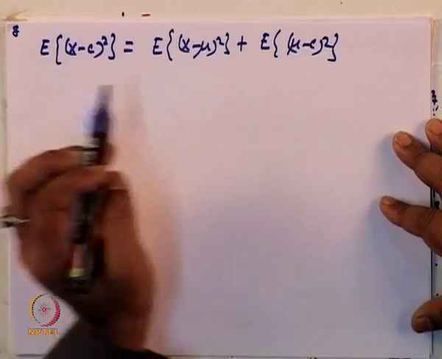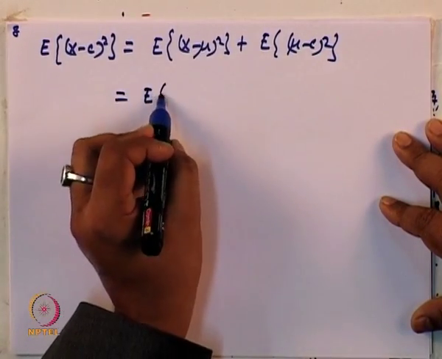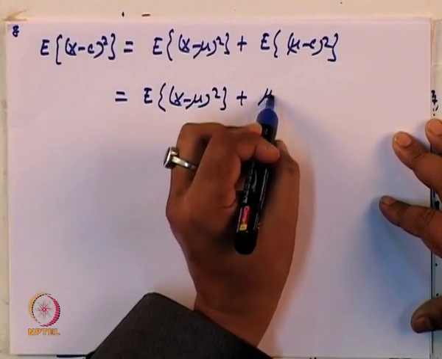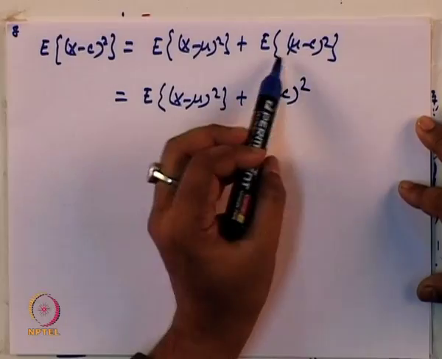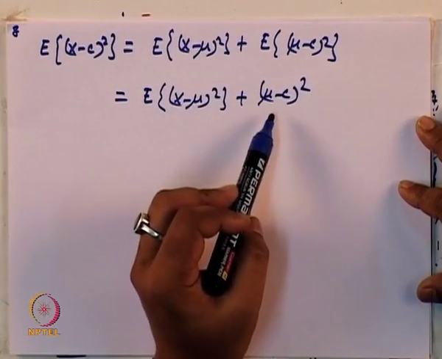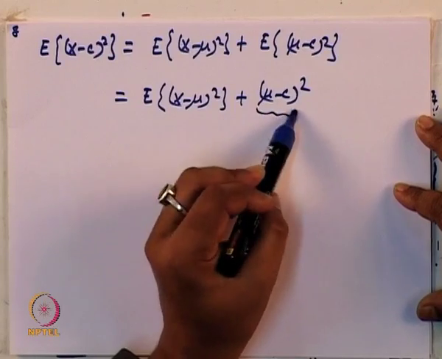So, expectation of (mu minus c) whole square, I can further simplify, plus... So, expectation, this is a constant. So, expectation of this constant is simply that value. And (mu minus c) whole square is a square, so this means that this is always positive.